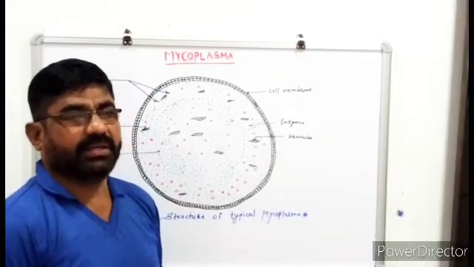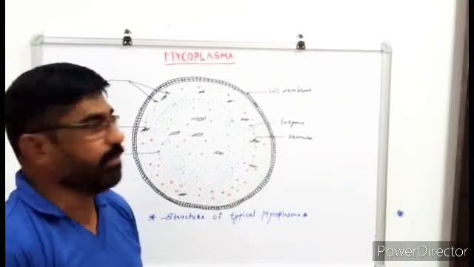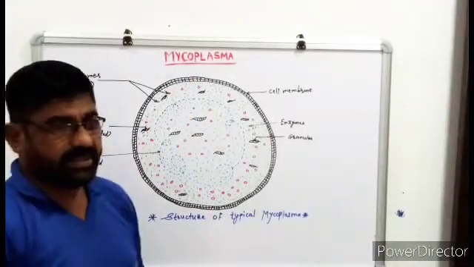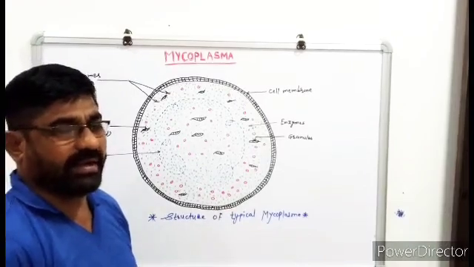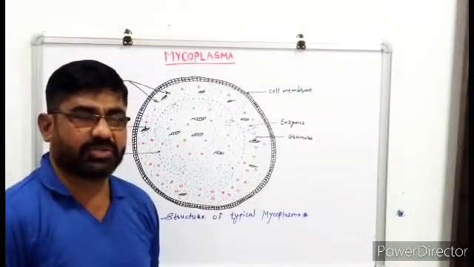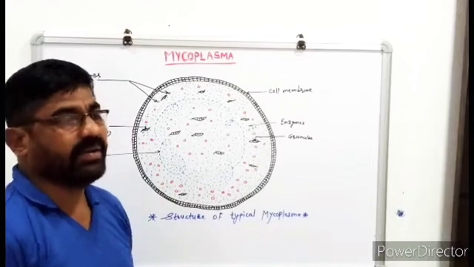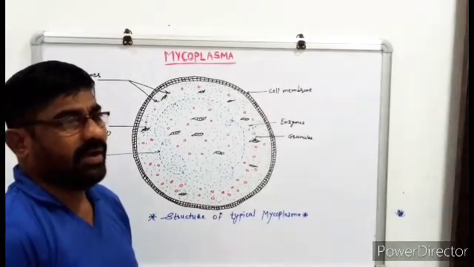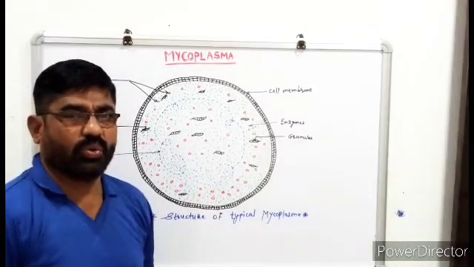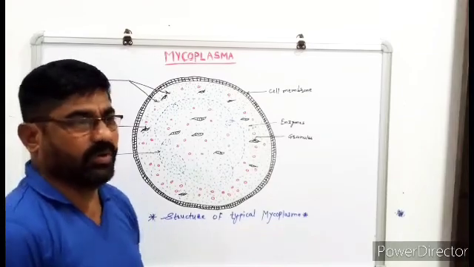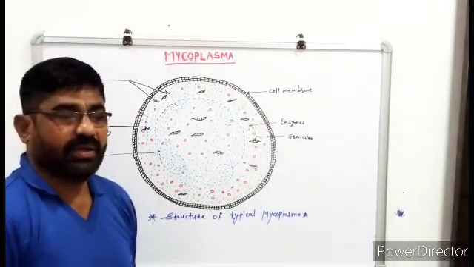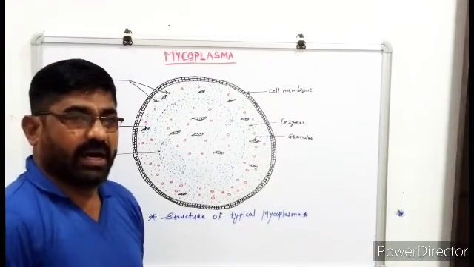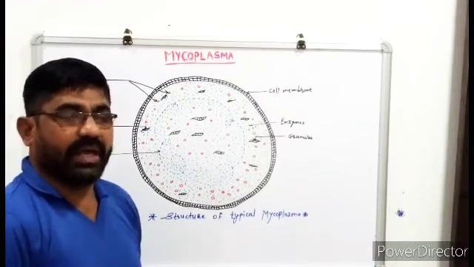we will study about the mycoplasma, that is a specialized kind of bacteria, which are very small bacteria, and these are also parasitic in nature, infecting either plants or animals.